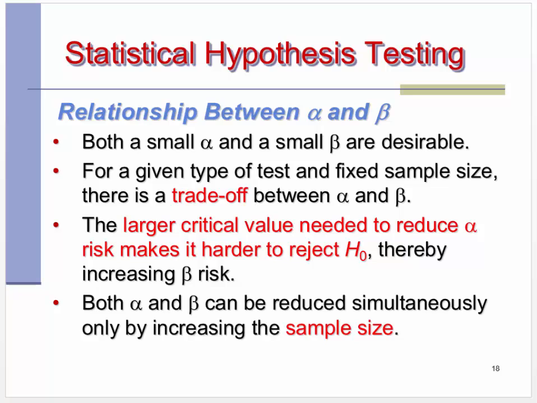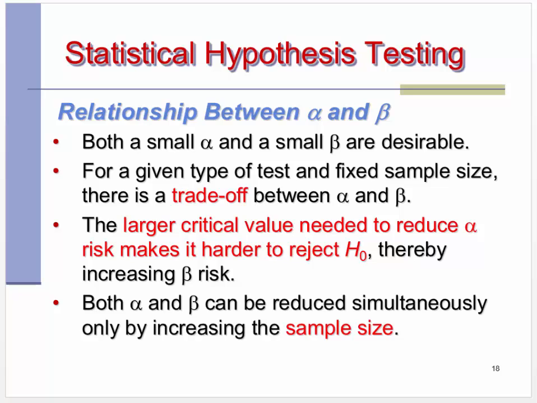Right? What do we mean by that? Let's think about criminal justice as the example here. If we want to reduce alpha, what is alpha? It is the probability of putting an innocent person in jail. Now, how do we reduce that? How do we put fewer innocent people in jail? Basically, we let more people walk free, right?